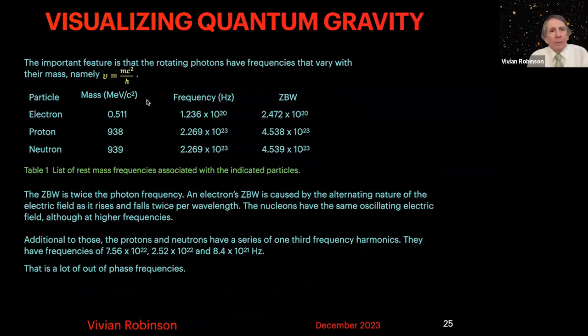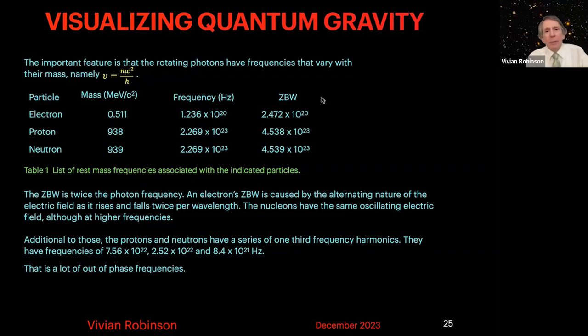The important feature is that rotating photons have frequencies that vary with their mass, given by this equation. The electron, from a mass of 0.511 MeV per c squared, has a frequency about 1.2 times 10 to the 20 hertz. Protons and neutrons are much larger, 2.27 times 10 to the 23.